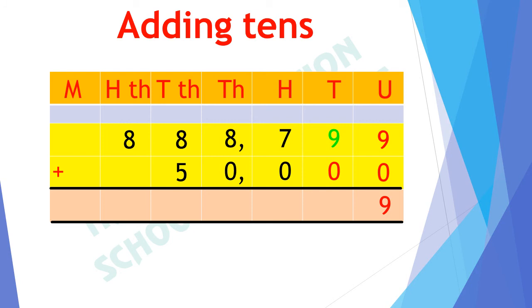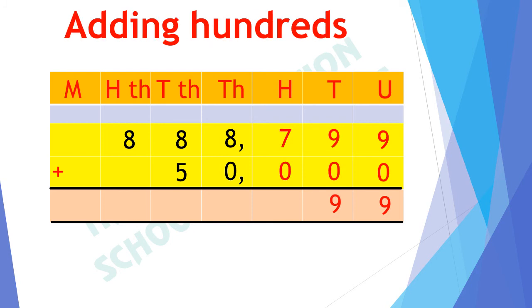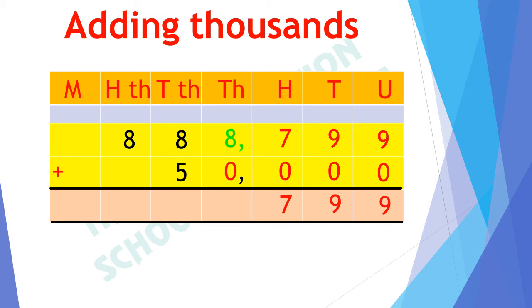In 9, if we add 0, we get 9. Now we will move towards hundreds column. In 7, if we add 0, in any number, we get the same number. In thousands column, we have to add 0 and 8. In 8, if we add 0, we get the same number, that is 8.